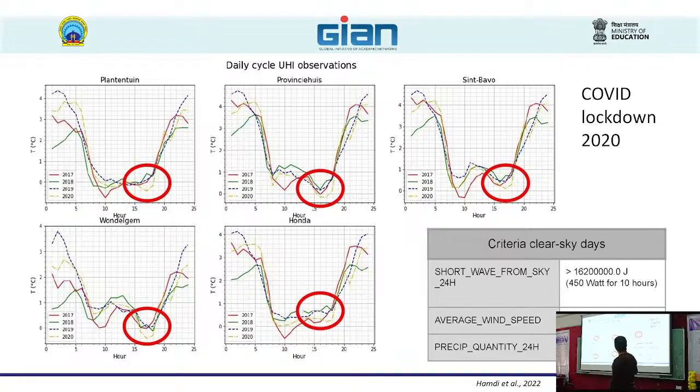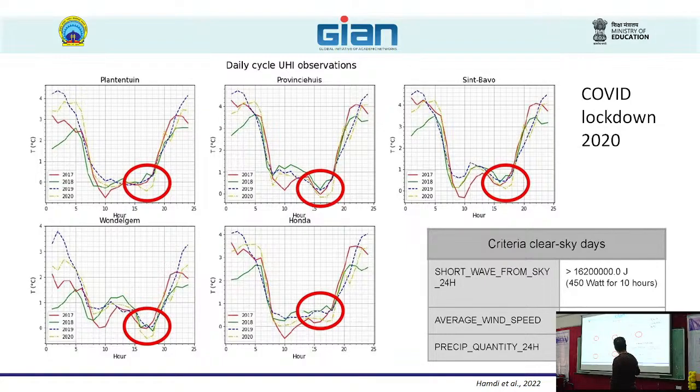So if you look at this, this is Sint Bavo, the city center. So this is the dense area, this one, and also this one. What we found, so here you can recognize the urban heat island for the different years. 2020 is this color, I don't know how to say this, it's yellow, and the other years are the other colors. So this is the hour from 0 to 24 here.